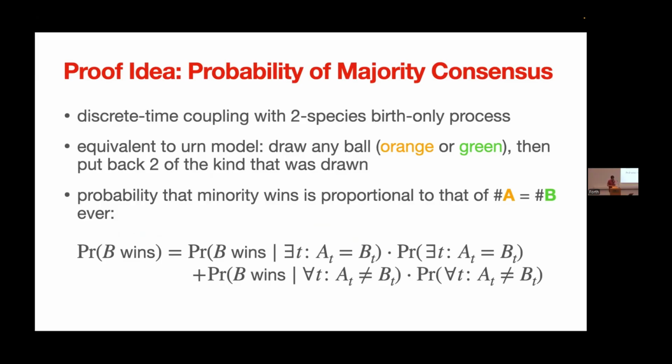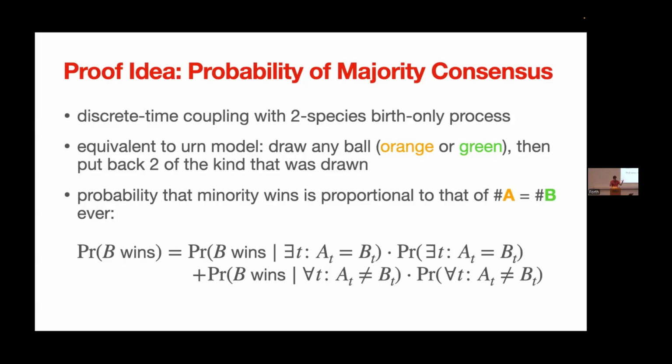So the way we initially analyzed it, we refined it afterwards, but in a very simple way, you can couple your system with a much simpler system. Coupling in the sense that if one of them reaches a favorable state, the other one also reaches a favorable state.